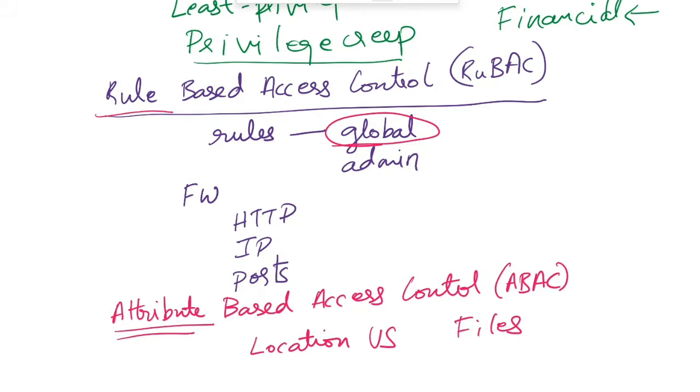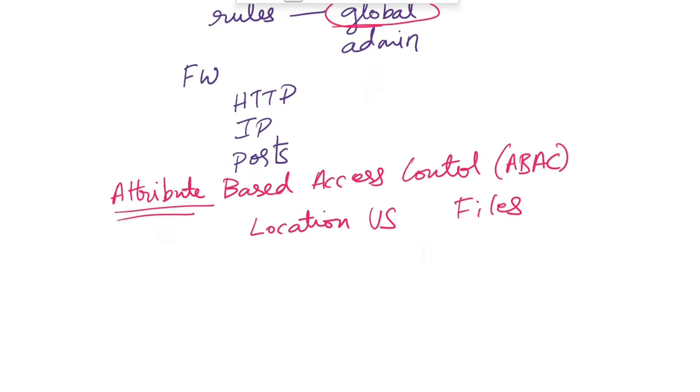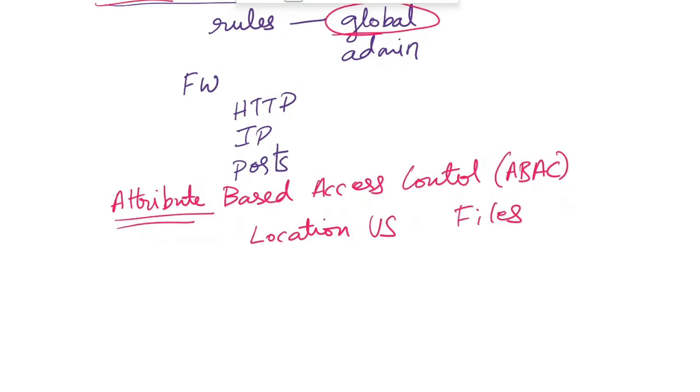Many of the software-defined networking applications use attribute-based access control. Like for example, say only the users who are using company-provided laptops can access one of the internal networks. ABAC can be complex to manage and enforce, but it provides fine-grained access.